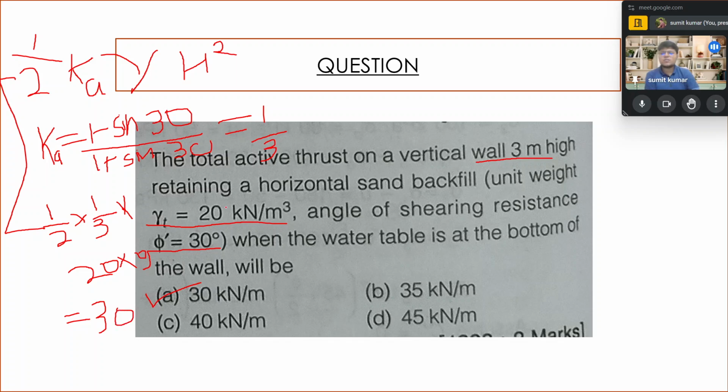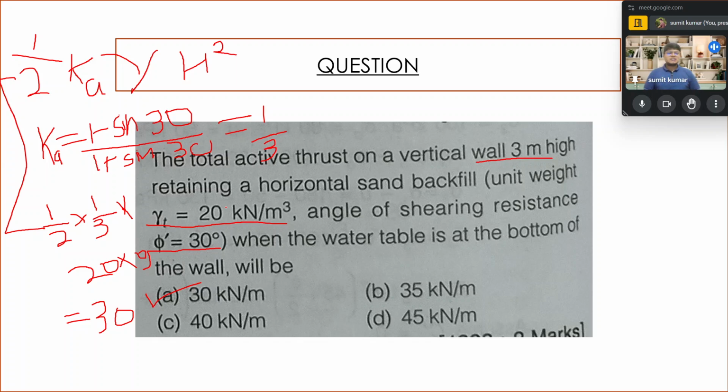So here we have calculated the total active thrust acting on a 3 meter high vertical retaining wall with horizontal sand backfill, gamma equal to 20, and angle of internal friction 30 degree. The total active thrust is 1 by 2 into K gamma h square, where K equal to 1 minus sin phi upon 1 plus sin phi. As phi equal to 30 degree, the value of K is 1 by 3.